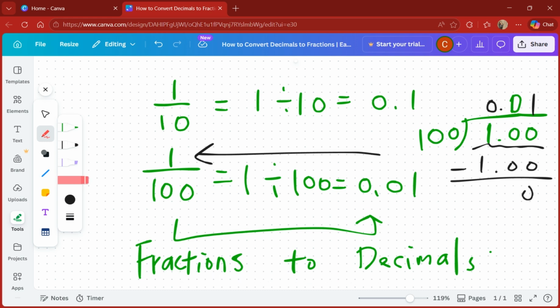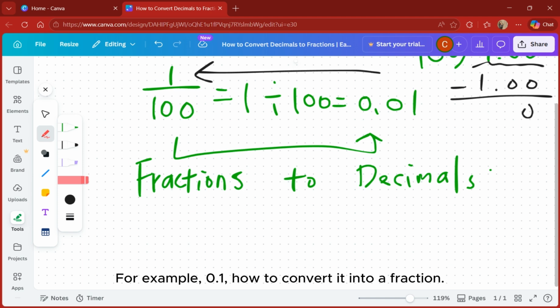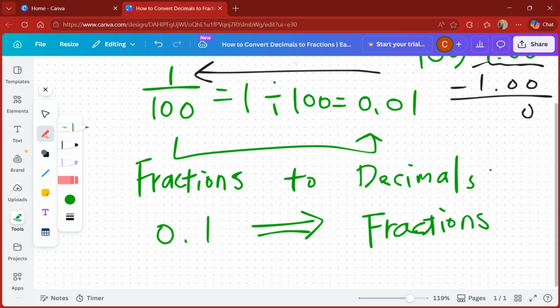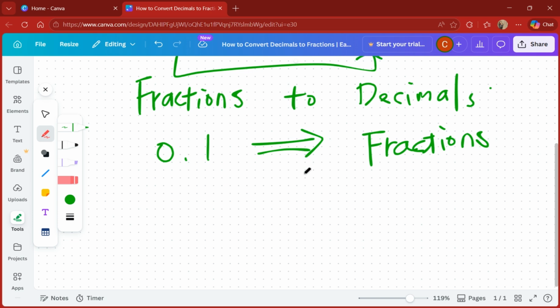So that means now, for example, 0.1, how to convert it into the fraction? How to find the fraction?